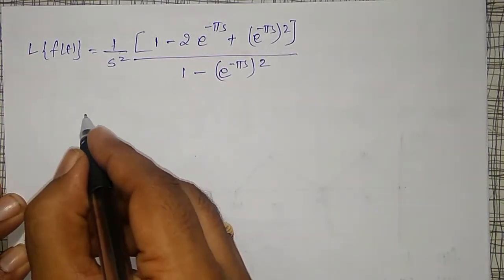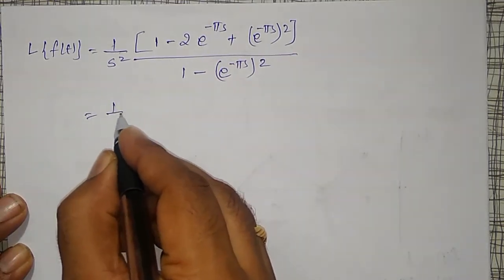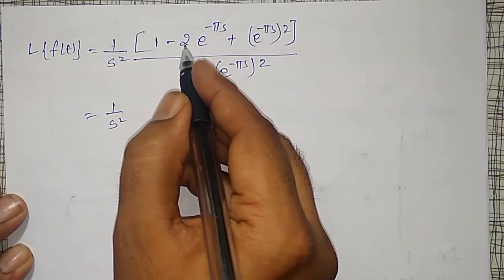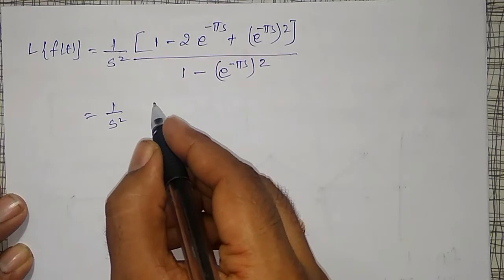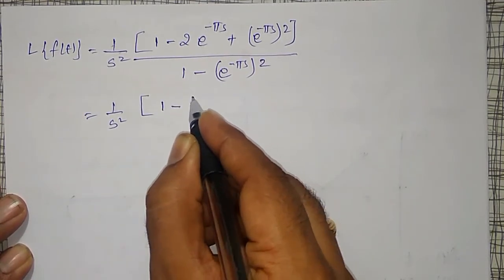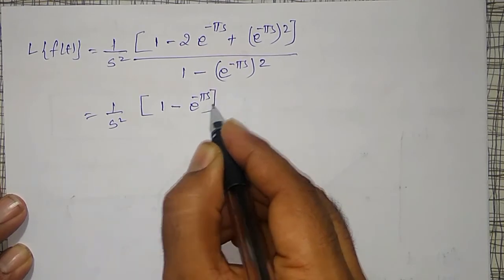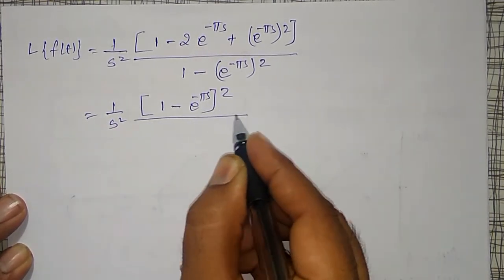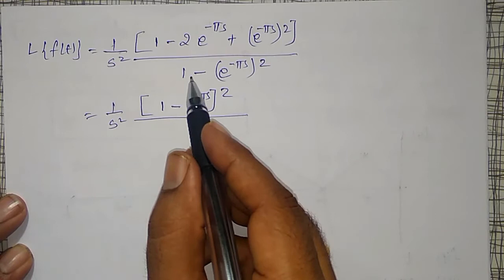You can observe here the numerator is a perfect square, of the type a square minus 2ab plus b square. I can write it as 1 minus e to the power minus pi s the whole square. In the denominator, you can observe it is of the type a square minus b square.